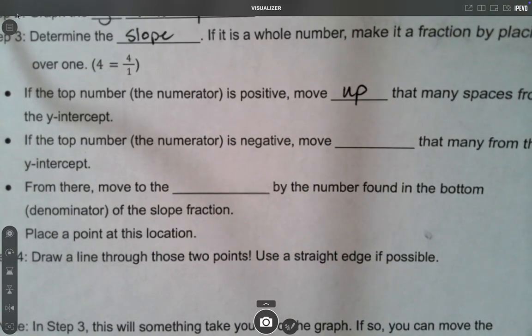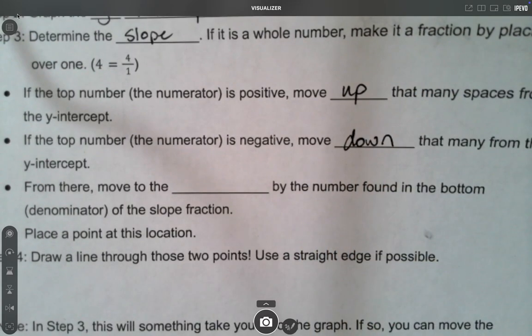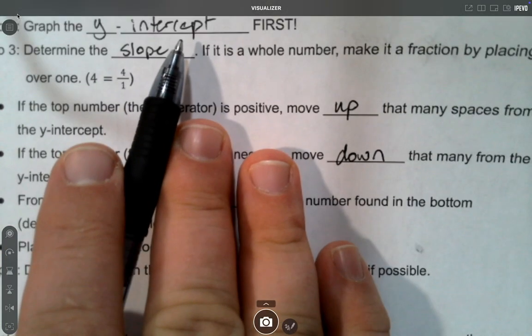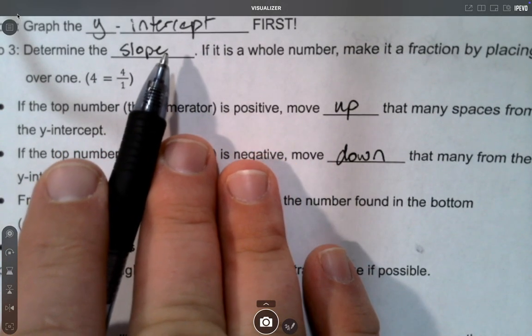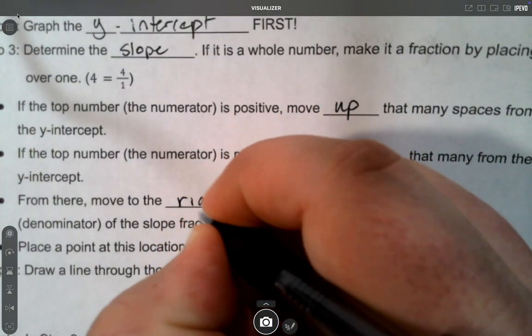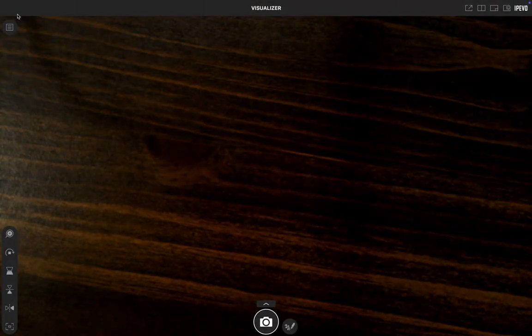If the top number is negative, move down that many from the y-intercept. So notice the y-intercept is our starting point, and we use the slope to tell us where to go next. From there, we'll move to the right by the number found in the bottom of the slope fraction and place a point at that location.